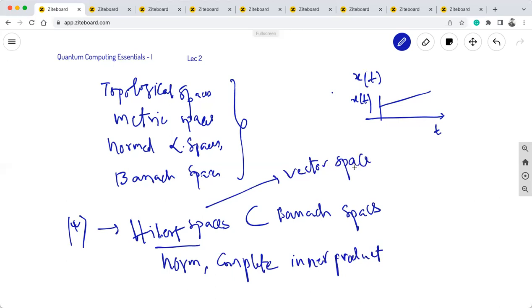And with an arbitrary, it means it may have finite or infinite dimension of orthogonal coordinate system.